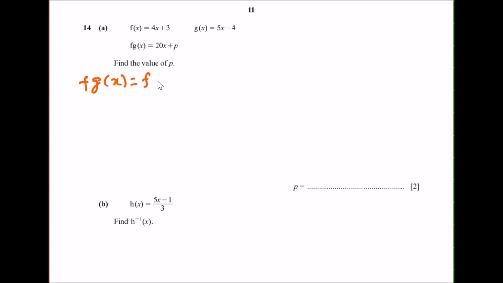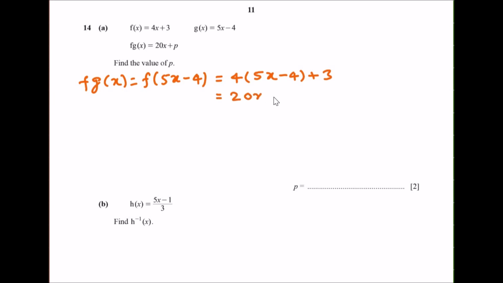fg(x) is equal to f of g(x). g(x) is how much? 5x minus 4. So that means we have to find f(5x minus 4). So what does it mean? Now in place of x in function f, we have to substitute 5x minus 4. So 4, and in place of x we will be writing 5x minus 4. Then there is a plus 3, so we will put plus 3. We will simplify this.